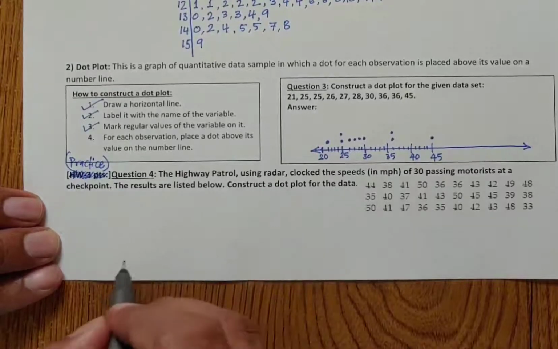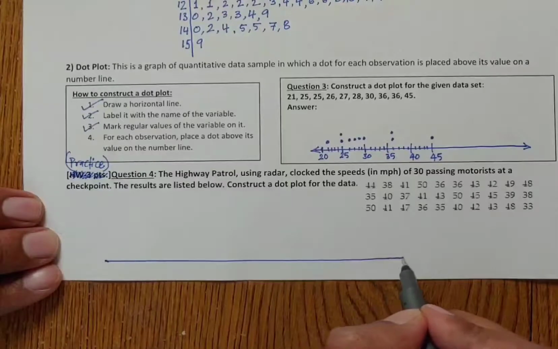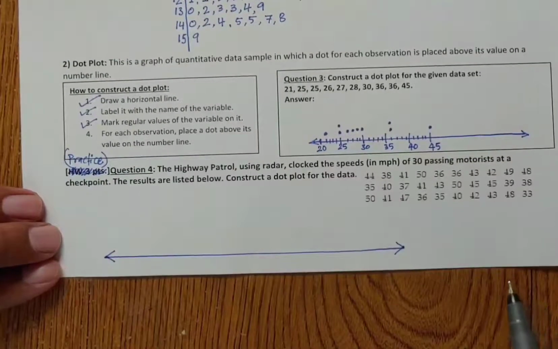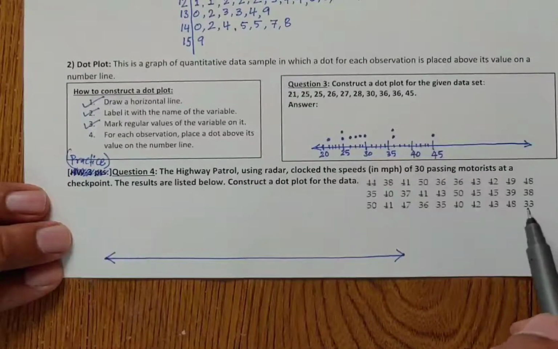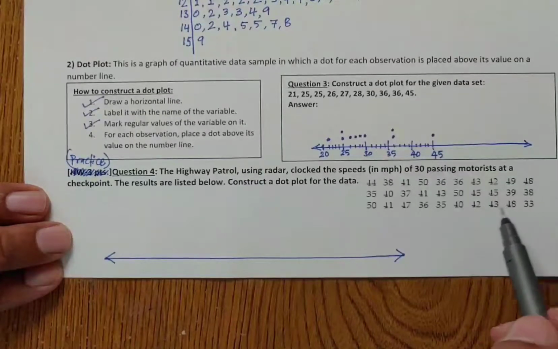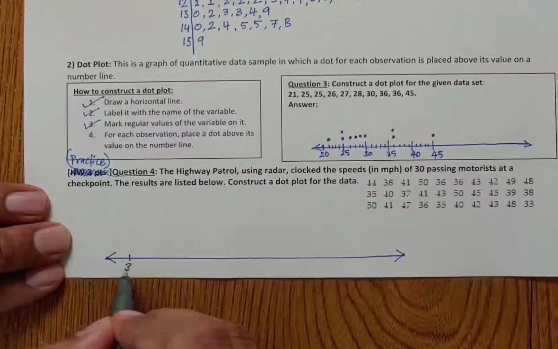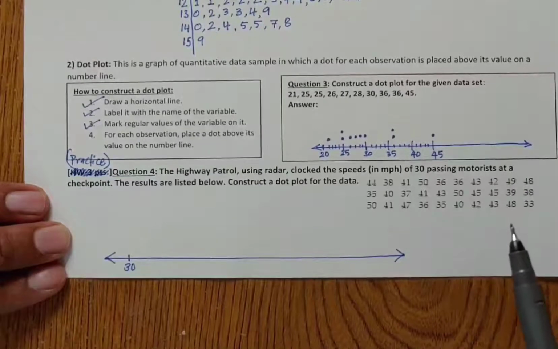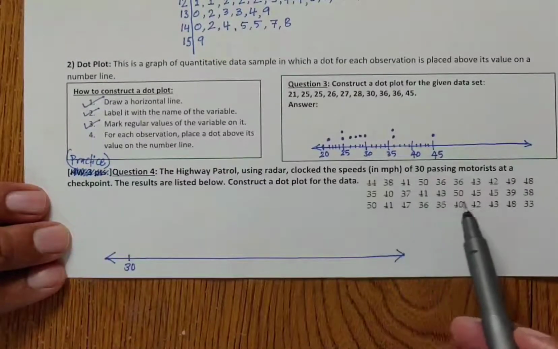So we draw a line. Okay, and then what is the smallest number? The smallest number is 33. So you can start with 30 in the labeling, and then the highest number is 50, I guess, right?